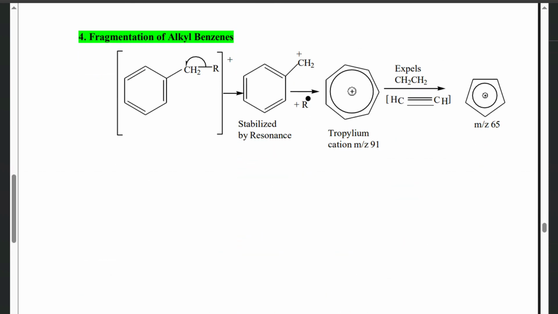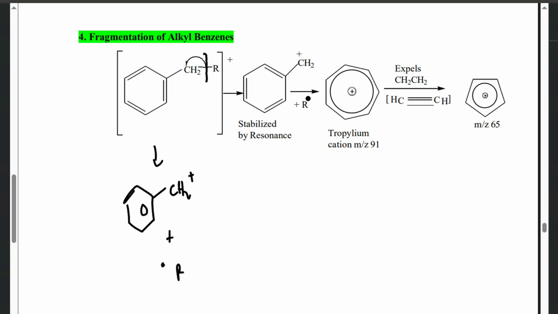So fragmentation of alkyl benzene. The first thing that happens is that this one can be fragmented out. So once this is fragmented out, this becomes like the benzene ring, right? We have the benzene ring, and we have the CH2, we have plus R dot, right?